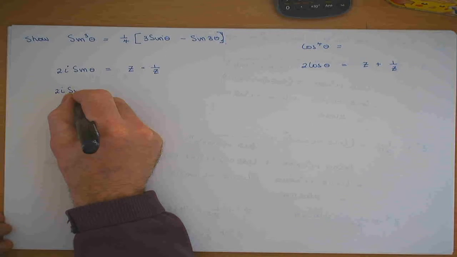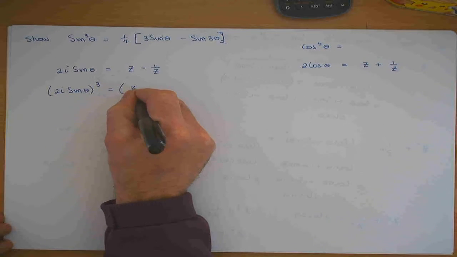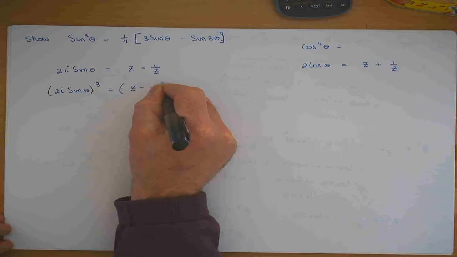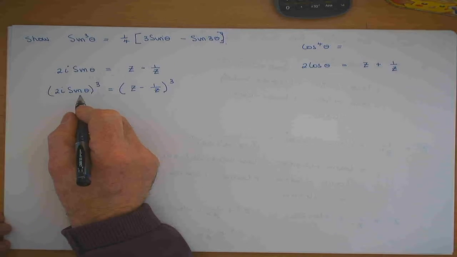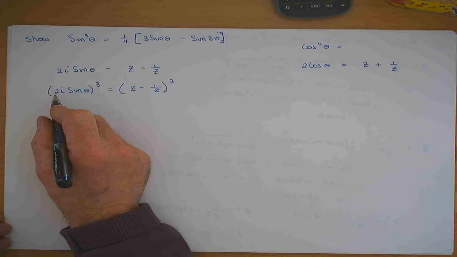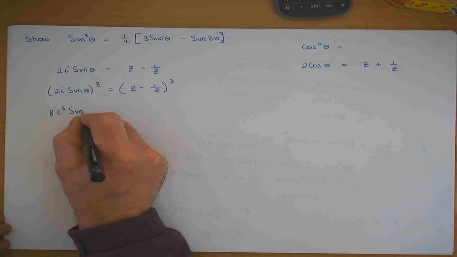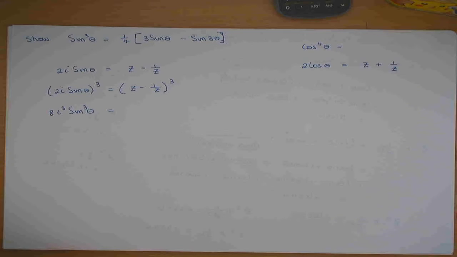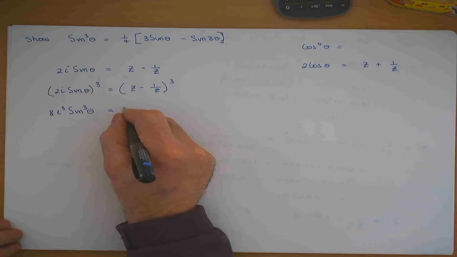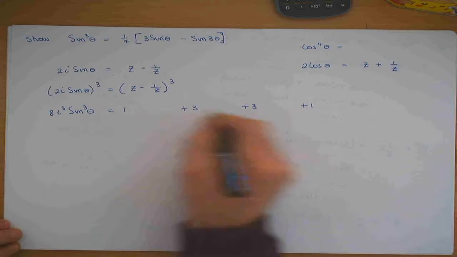Twice iota sine theta, cubed, is equal to z minus 1 over z, cubed. Questions? Good. Cube this. 2 2s are 4, 2 4s are 8. 8 iota cubed sine cubed theta is equal to z minus 1 over z cubed, which is Pascal's triangle: 1, 3, 3, 1.